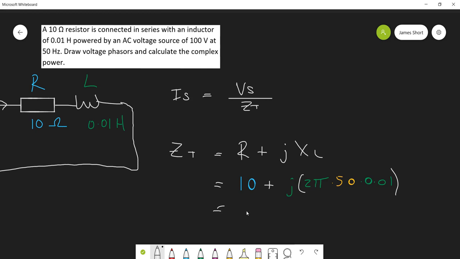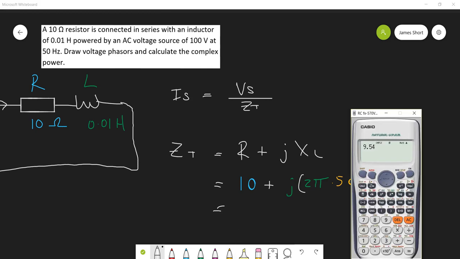And what we get, if we use our trusty calculator, we can just go ahead and directly put it in. So it's 2 pi times 50 Hertz, well, 50 not 5, 50 times 0.01, and that's j. We're using i instead of j on the calculator, and that's 10 plus 3.14j.